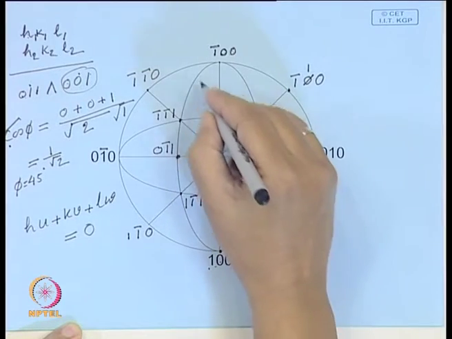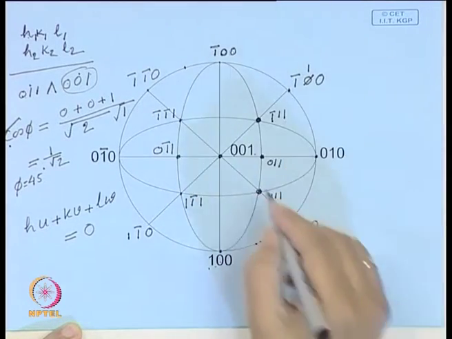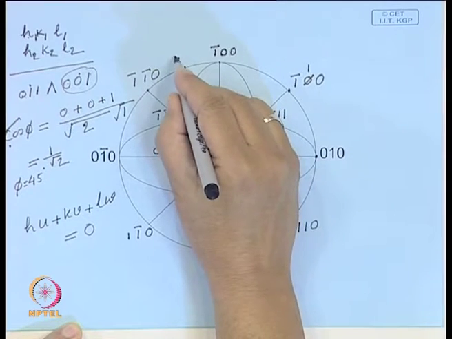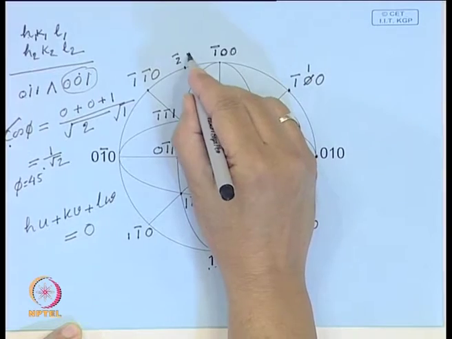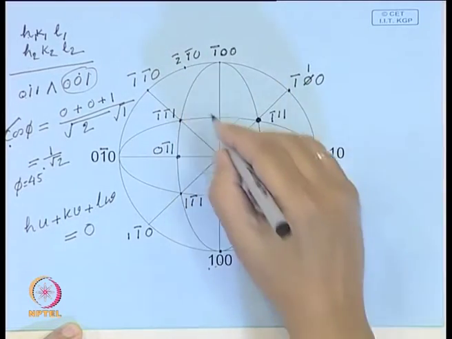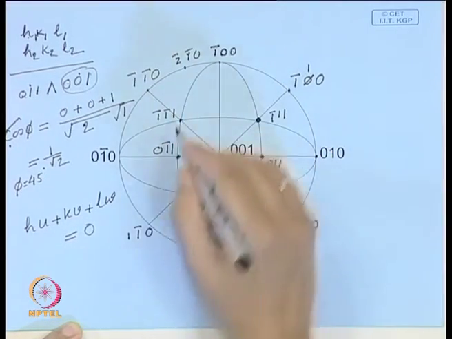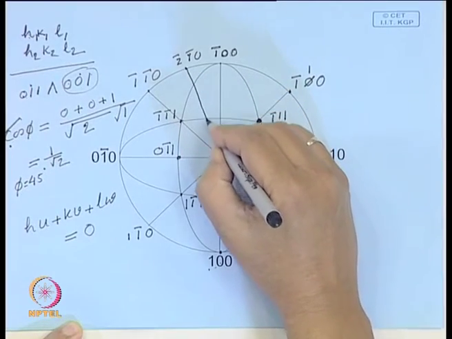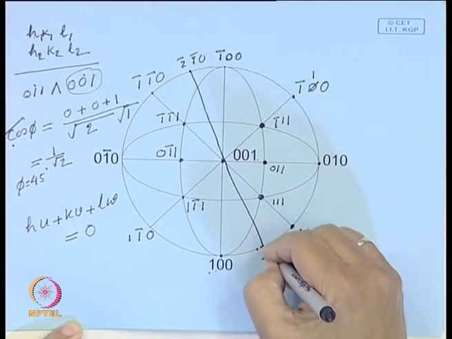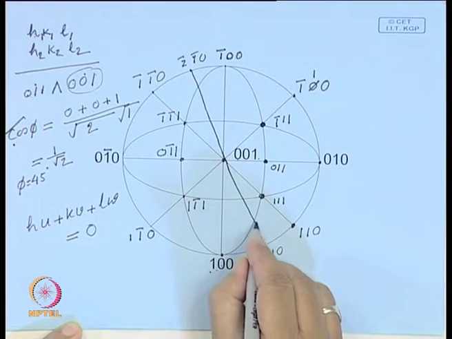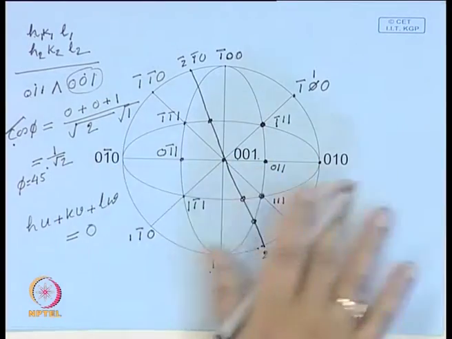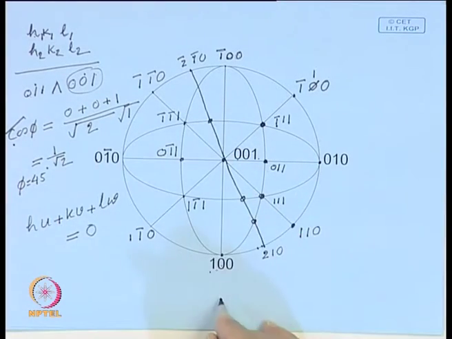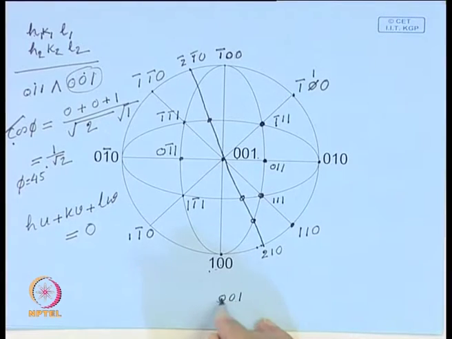Similarly, opposite of that will be 2 bar 1 bar 0. You join these and this. So, basically you join this line, you get this, and then you try and find out what is the indices of this. So, this is how it is possible to construct a standard 0 0 1 projection.